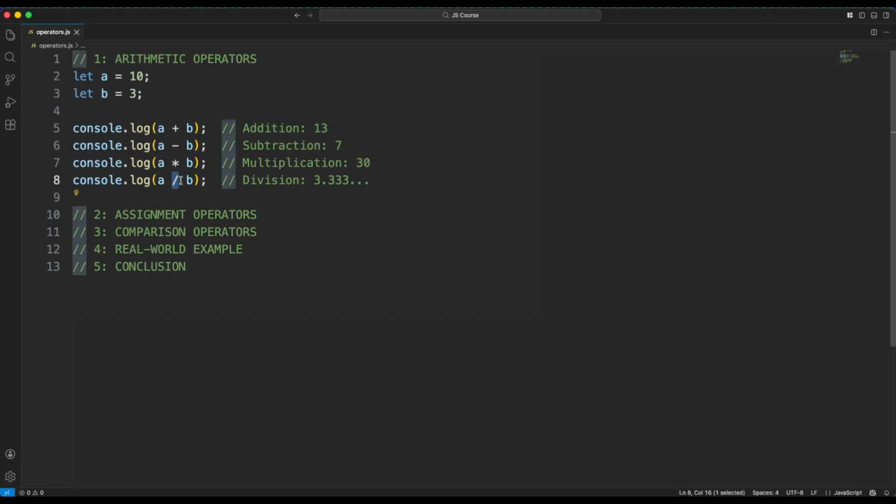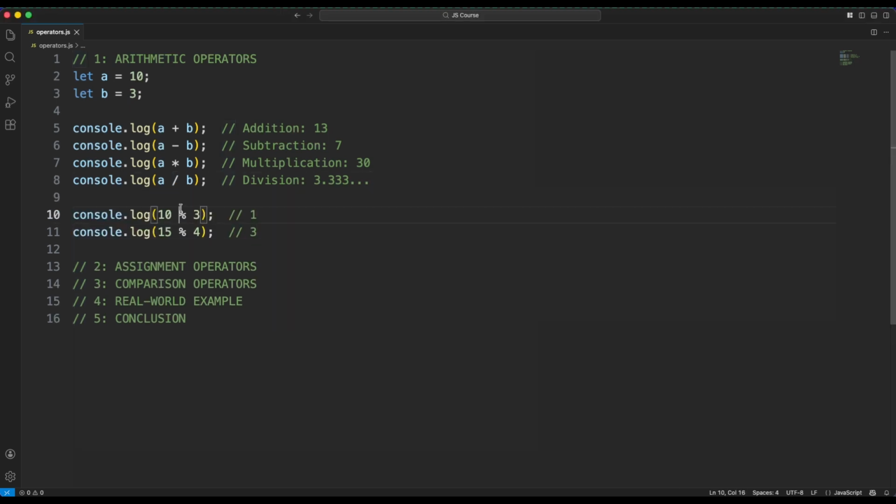But JavaScript has two more arithmetic operators that are super useful. First, we have the modulus operator, or percentage, which gives you the remainder of the division. This is actually incredibly useful for checking if a number is even or odd, or for tasks like cycling through array indices.